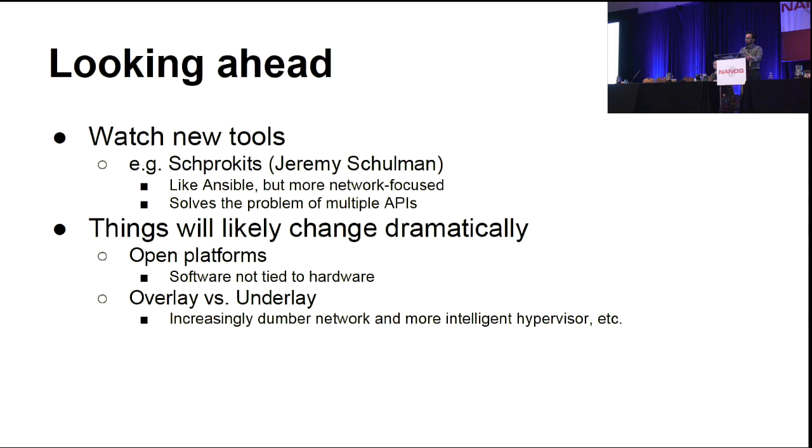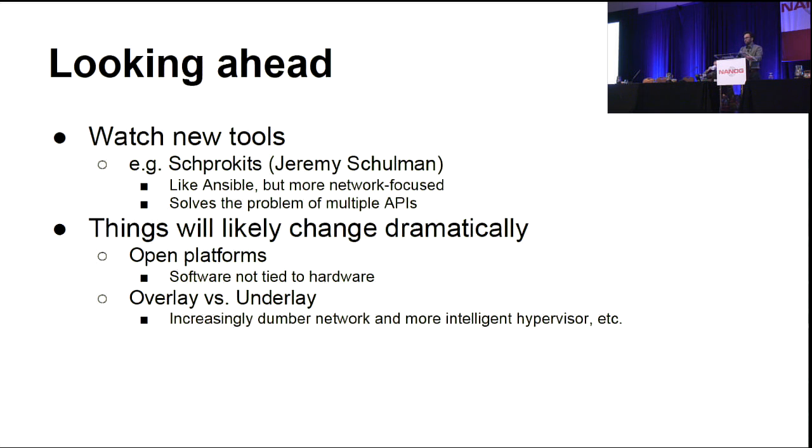From what I hear, he's solving the problem of the multiple APIs by adding those integrations into the tool, so that he has integrations for NetConf, and he can deal with the different APIs, and you probably won't have to deal with them.